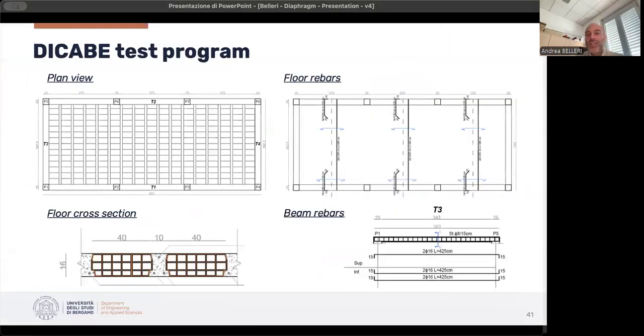So here you can see some drawings of the test specimen, which is about 9.2 meters by 3.9. And it consisted of 3 spans with eight possible column positions, with clay blocks without concrete overlay.